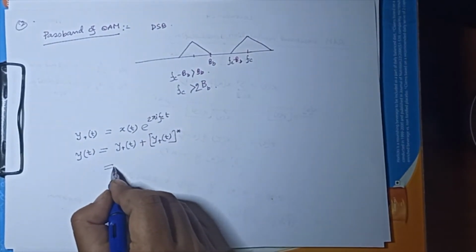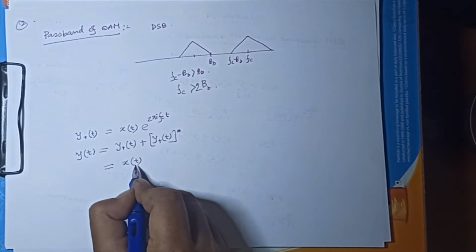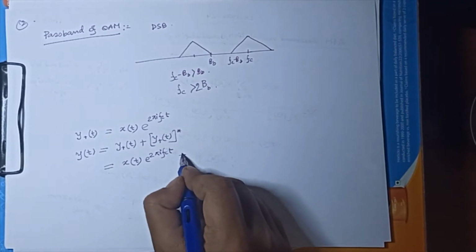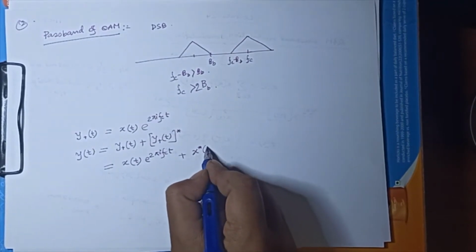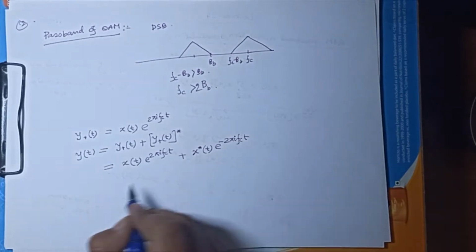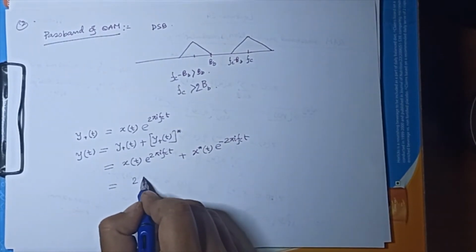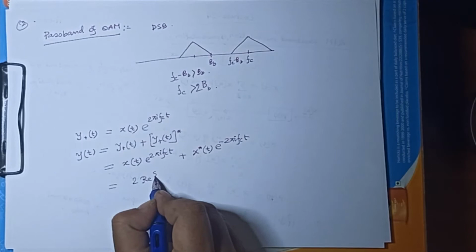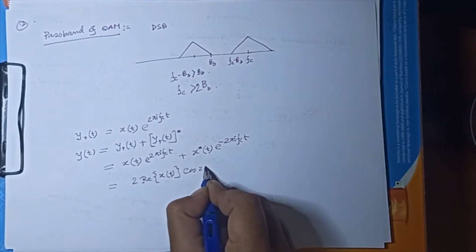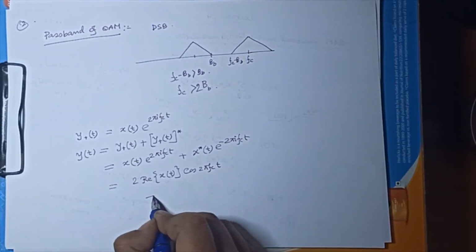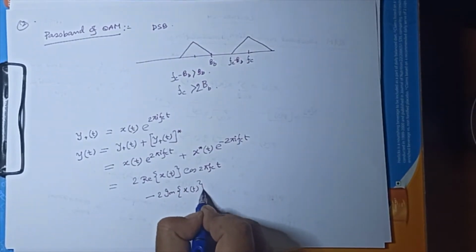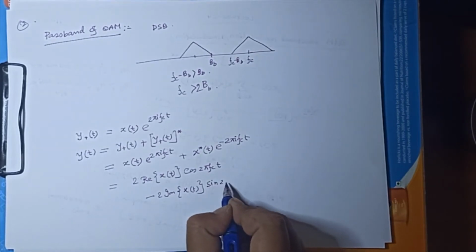That can be written as x(t) e to the power 2 pi i F_C t plus x complex conjugate (t) e to the power minus 2 pi i F_C t, which can be written as 2 real of x(t) cos 2 pi F_C t minus 2 imaginary x(t) sin 2 pi F_C t.